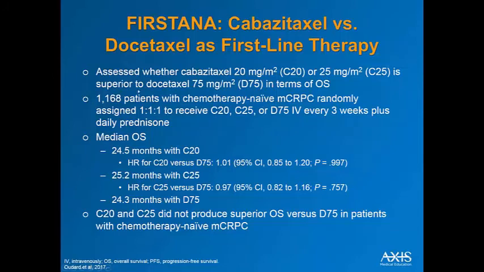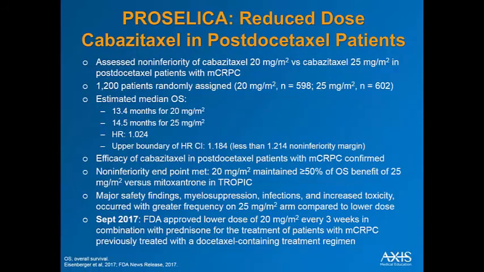And what we can say is that they looked at 2 different doses of cabazitaxel versus standard dose docetaxel over 1,100 patients, and the bottom line is the overall survival really was not any different between the 3 arms. And what we can say is that docetaxel remains the standard of care because cabazitaxel wasn't better.